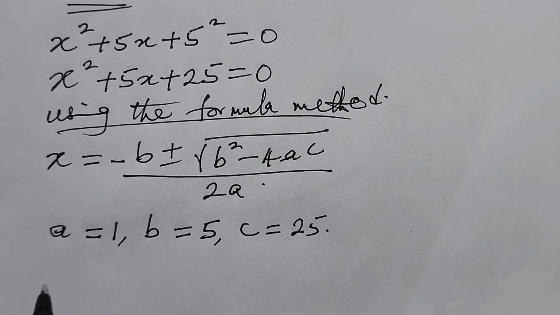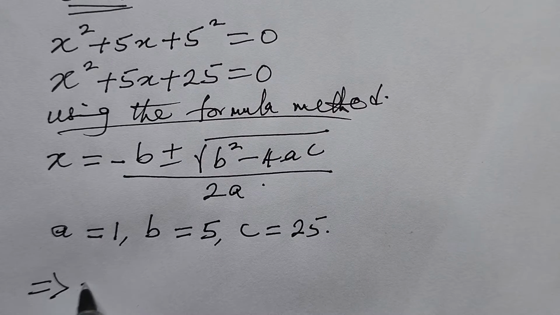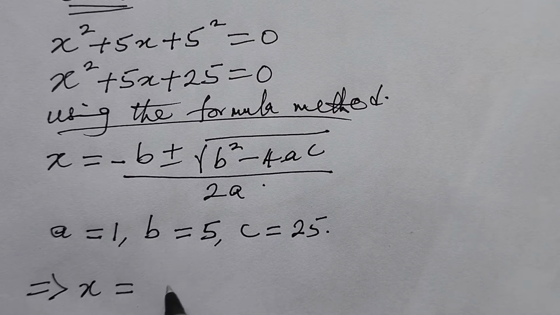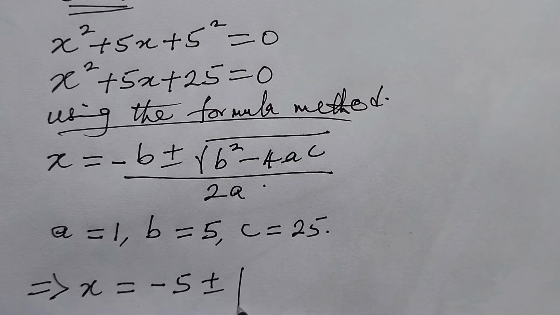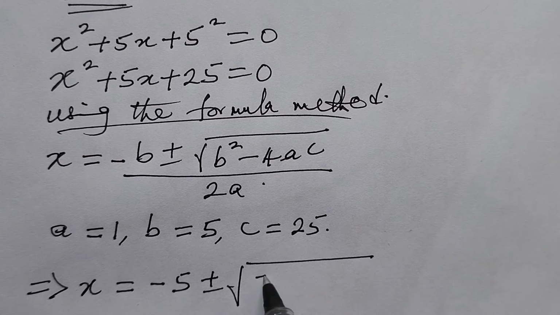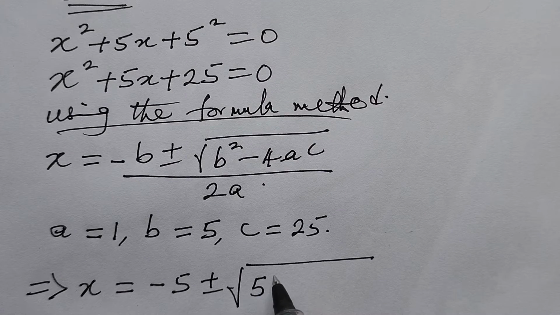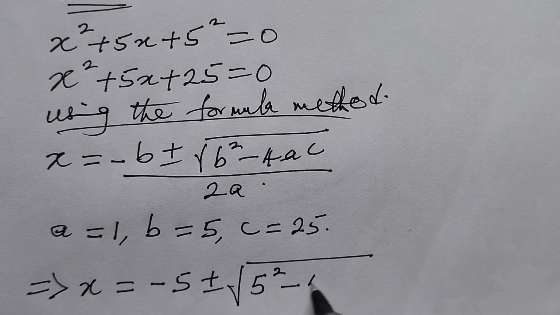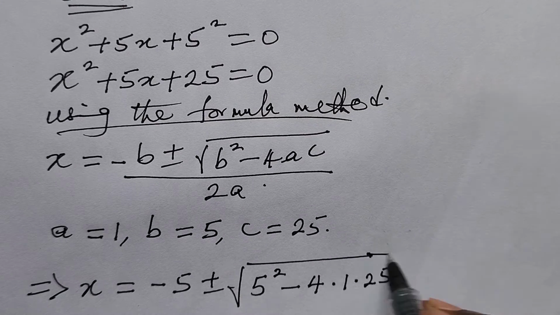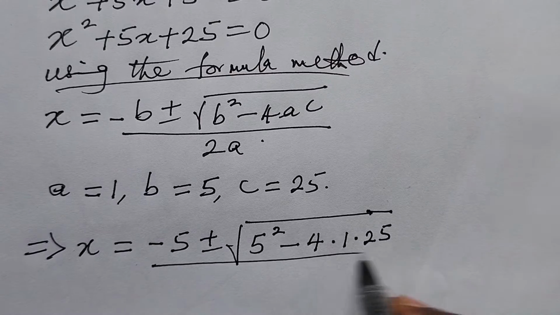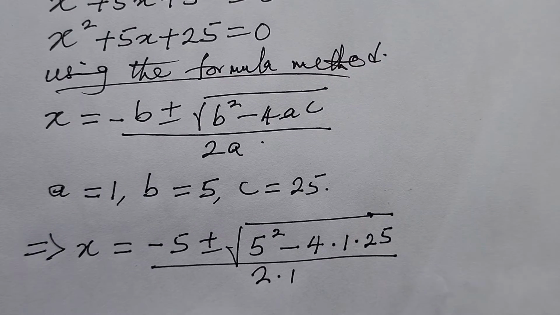So let's substitute in. So this now implies that x is equal to minus 5 plus or minus the square root of 5 to the power of 2 minus 4 times 1 times 25, everything all over 2 times 1.